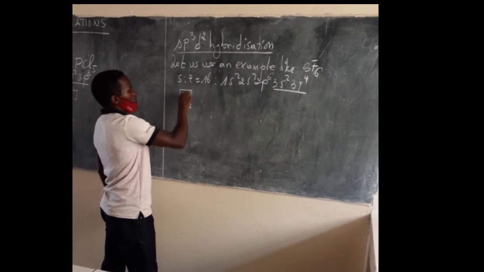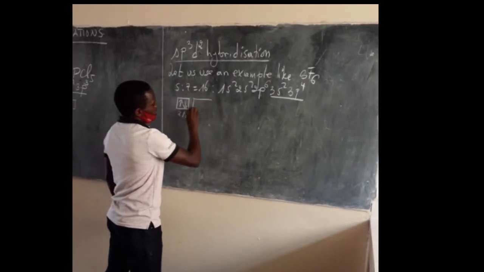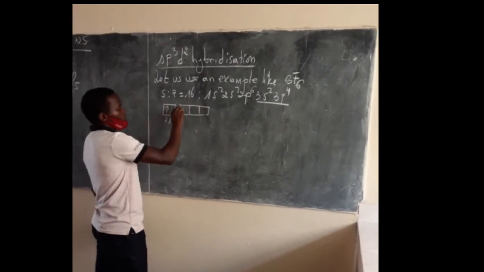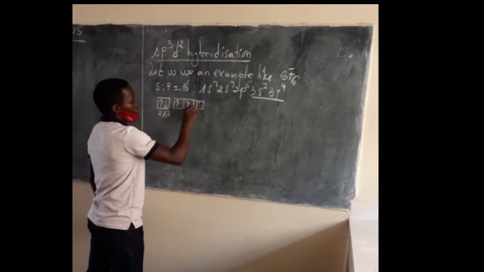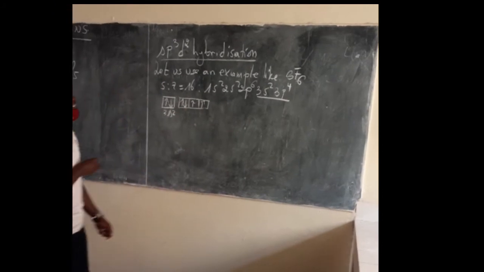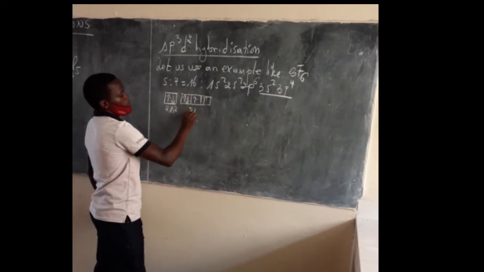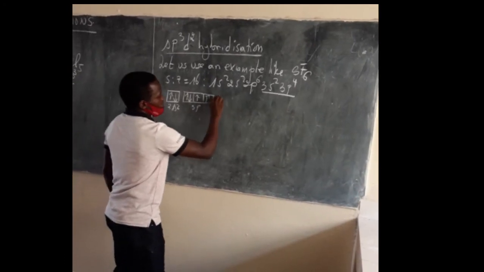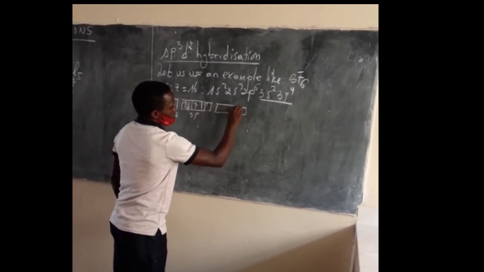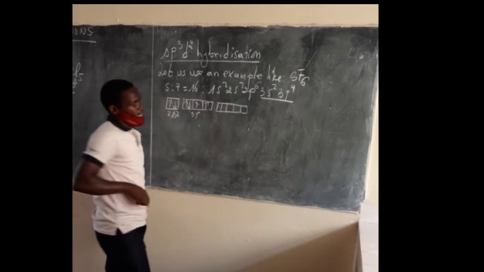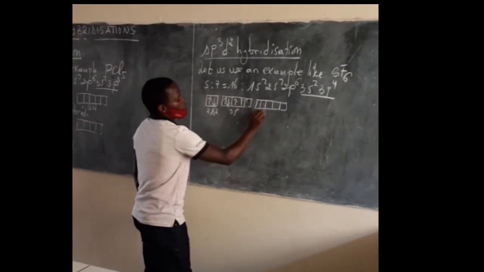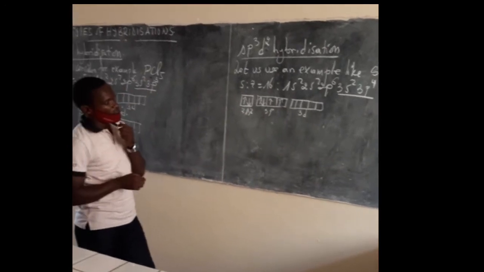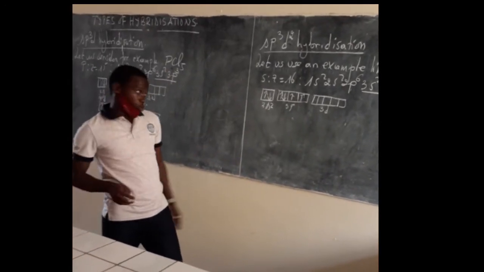In this case, I have S, which is occupied by 2 electrons. I have also p, which is occupied by electrons like this, and 1 electron in this case. This one is 3p4, and there is d, which is not occupied by any electron, but which can be used in the arrangement known as hybridization, going to be done by sulfur.